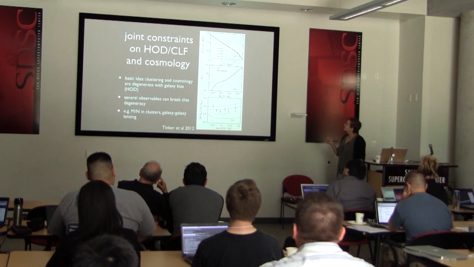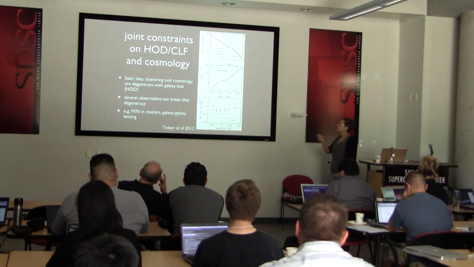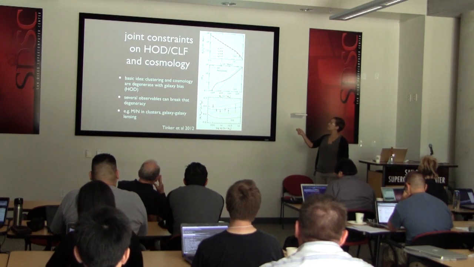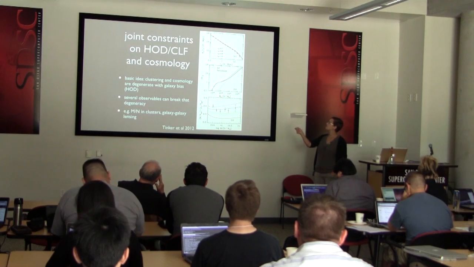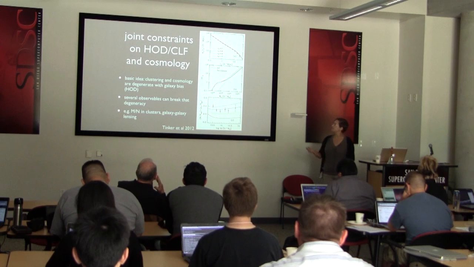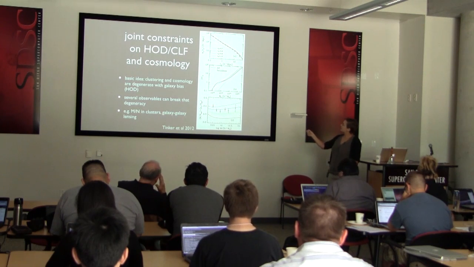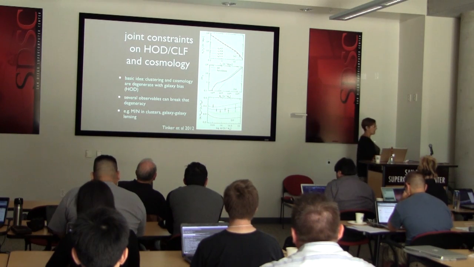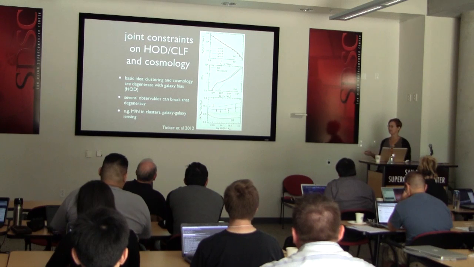So this is showing you that if you just look at the clustering of galaxies, okay, so the top plot is again this plot I've been showing, which is the 2-point function of galaxies. In these dotted lines, I'm showing for different values of sigma 8, what is the dark matter clustering, okay?